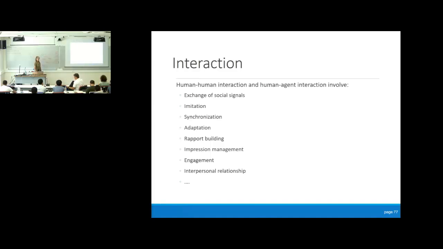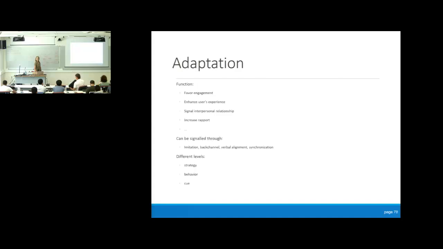So it has a lot of functions. And what we found is that adaptations that increase rapport, signal interpersonal relationships, can be signaled through many different signals and functions, such as different forms of imitation, even verbal alignments, back channel, synchronization of behaviors, and things like that.